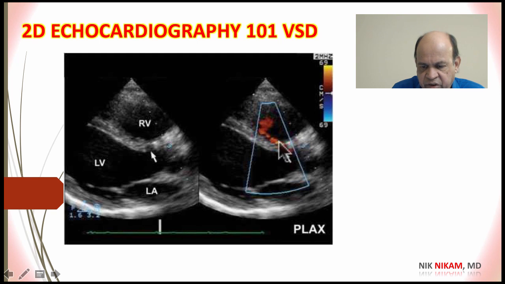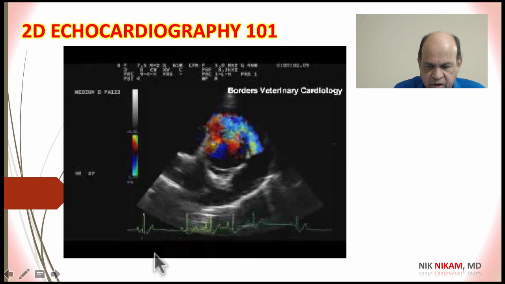So this is an example of a membranous ventricular septal defect, which is opening into the right ventricular outflow tract, which is opening into the right ventricular cavity. Here the same membranous defect can show a mosaic pattern of color Doppler flow across the membranous region, which is just below the aortic valve leaflets.